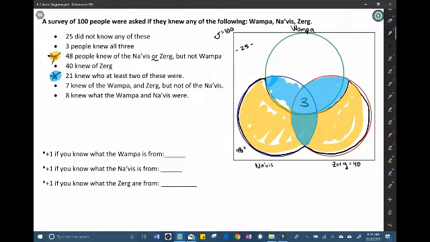So 7 knew of the Wampa and Zerg, but not the Navis. Wampa and Zerg, that's a football piece, but not the Navis. So Wampa, Zerg, no Navis, that's 7 right there. And 8 knew what the Wampa and Navis were. Wampa, Navis.